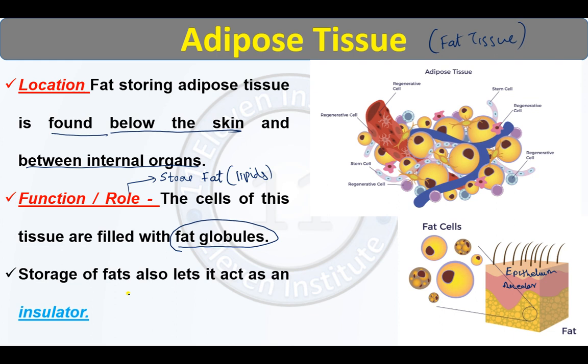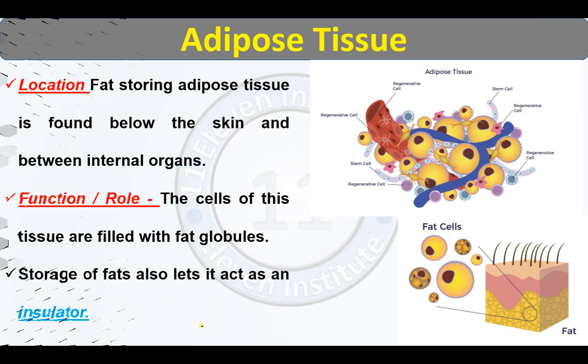Sure. So this is about the adipose tissue. This is an important 1 mark question, that they store fat and they behave as an insulator. So in the exam a question can be asked, right?